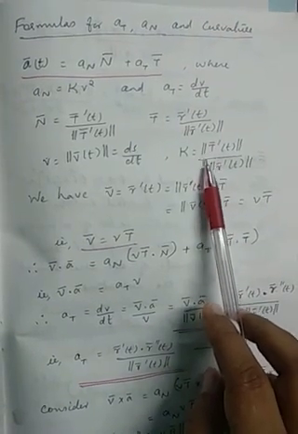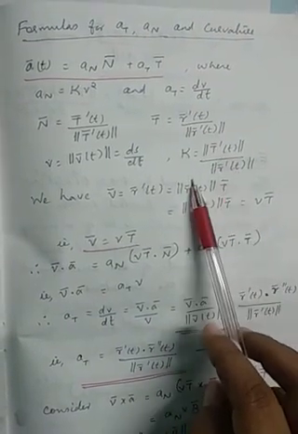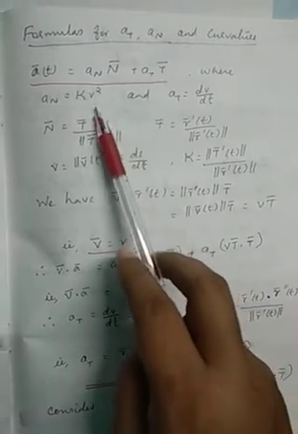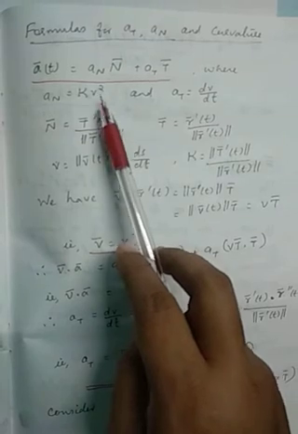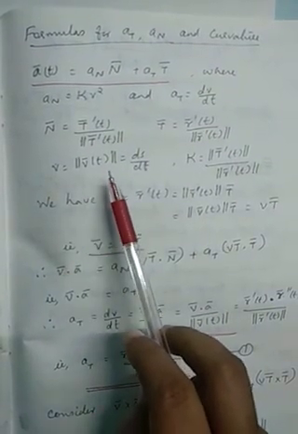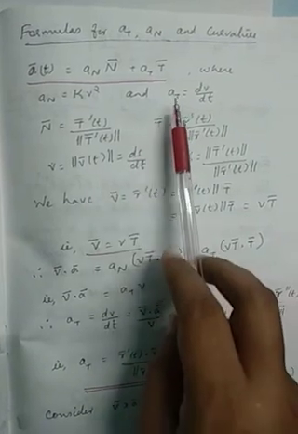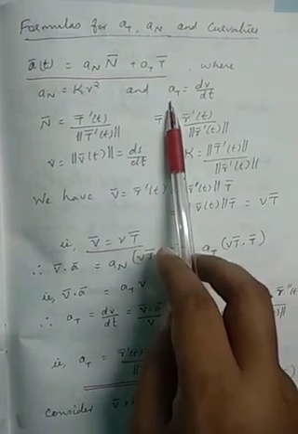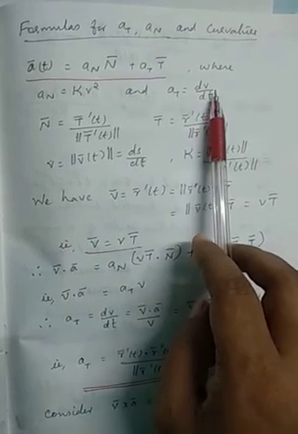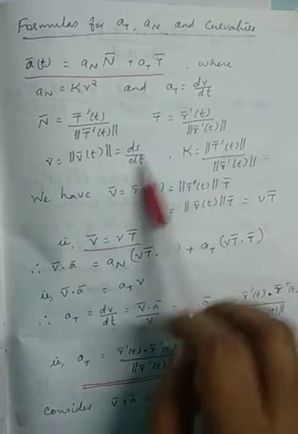Kappa is equal to norm of T dash of t divided by norm of r dash of t. And here v is the speed, that is v is equal to magnitude of the velocity vector. And the tangential component is given by dv by dt, that is the derivative of the speed with respect to t.